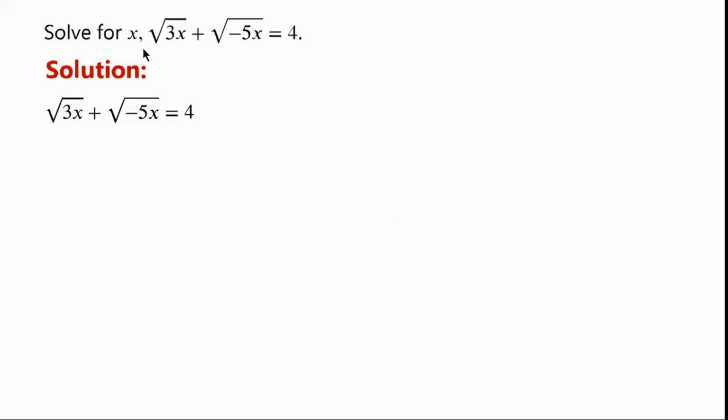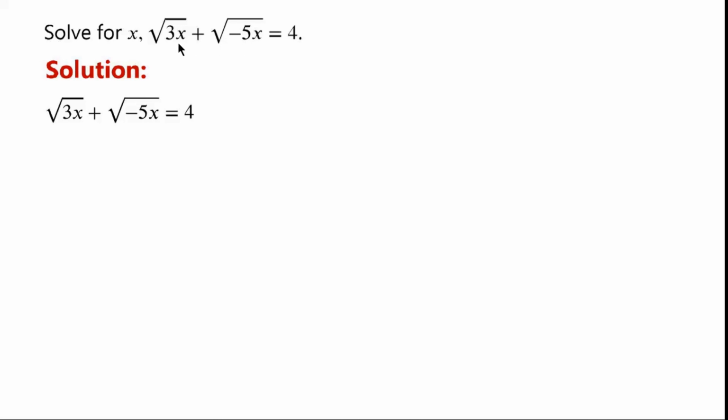If x is a real number, then 3x is greater than or equal to 0, which means x is also greater than or equal to 0, and -5x is greater than or equal to 0, which means x is less than or equal to 0.